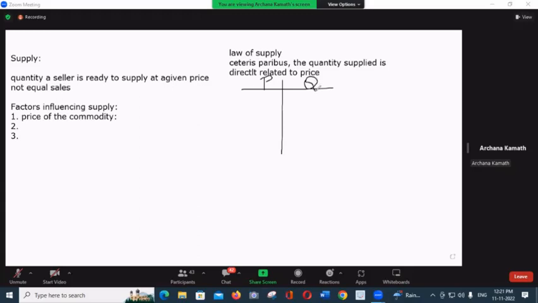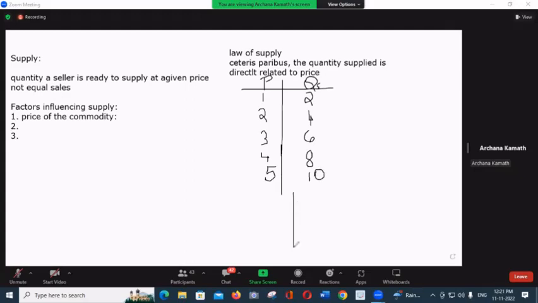We'll take the same hypothetical table where I gave you price as 1, 2, 3, 4, 5, and supply is initially low. It will be a trigger or an encouragement for a seller or a supplier when price increases, leading to increased supply.